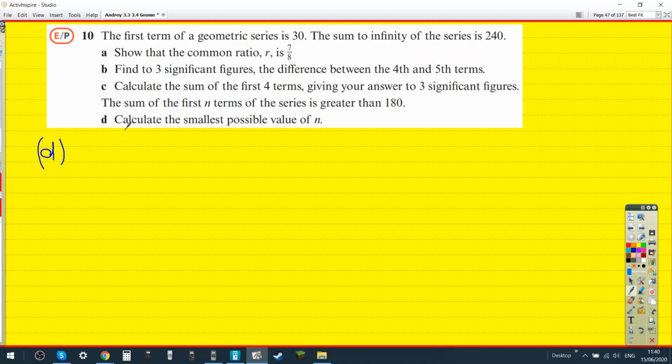So is this where I'd have to use the formula, a times (1 minus 7 over 8)^n over 1 minus 7 over 8?